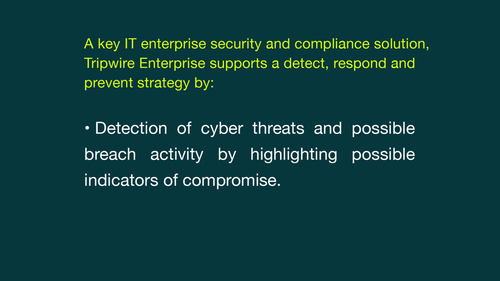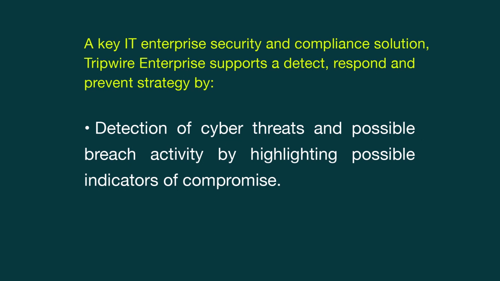Plus, because Tripwire Enterprise integrates with enterprise applications to automate workflow, with additional security point solutions like SIEMs and change management tools, organizations can broaden their security worldview and gain even greater efficiencies. A key IT enterprise security and compliance solution, Tripwire Enterprise supports a detect, respond and prevent strategy.